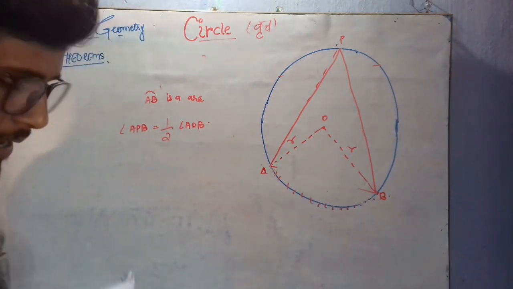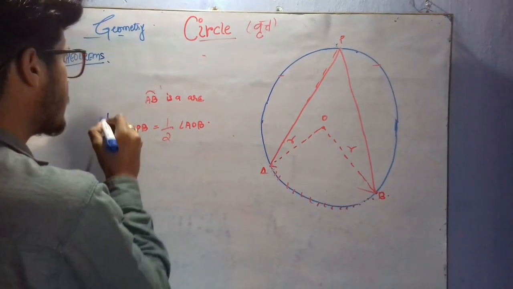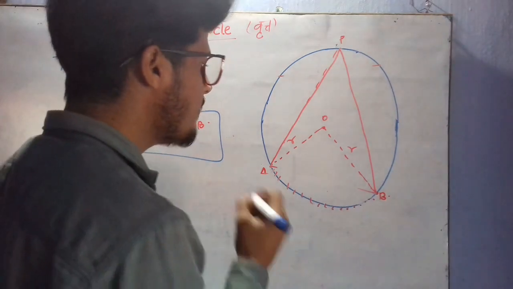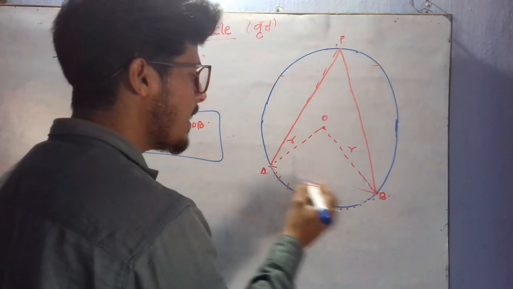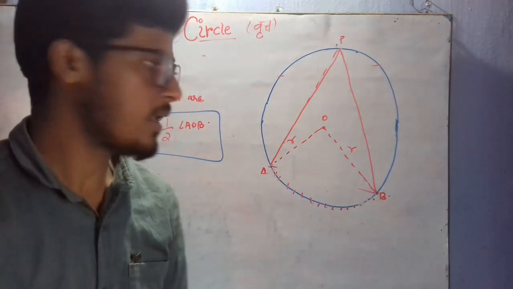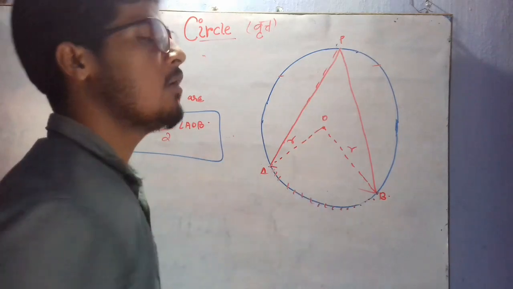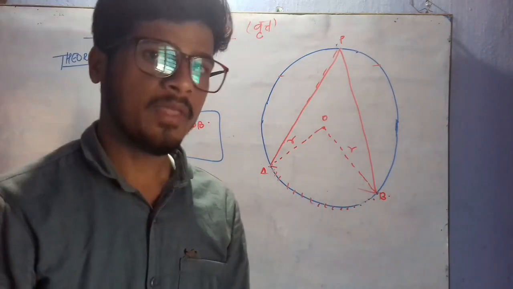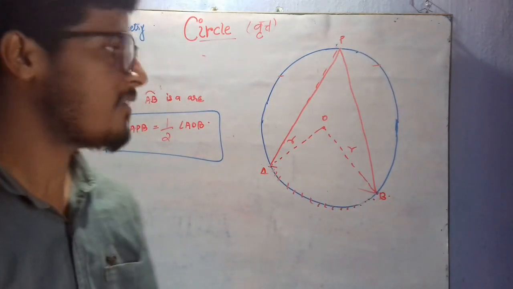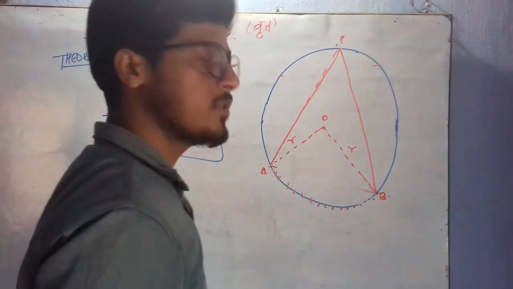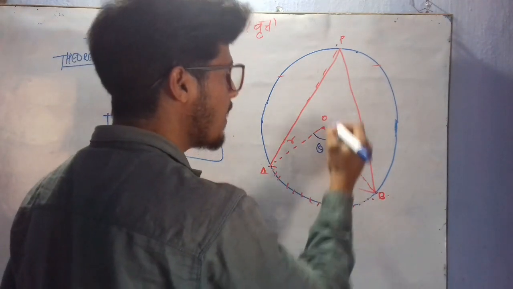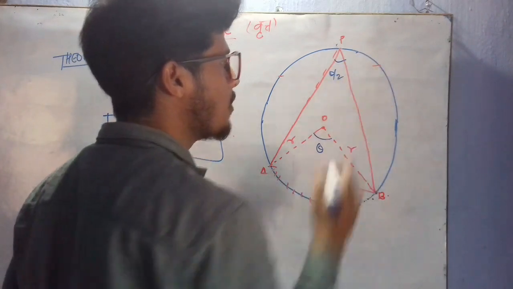This is our next expression, theorem 6 (the angle theorem). It says that if we take 2 points A and B in a circle such that they form an arc, and if we take another point on the circumference and join them, then the angle formed on the circumference will be half of the angle formed at the center. That means if the angle at the center is theta, then it must be theta upon 2.